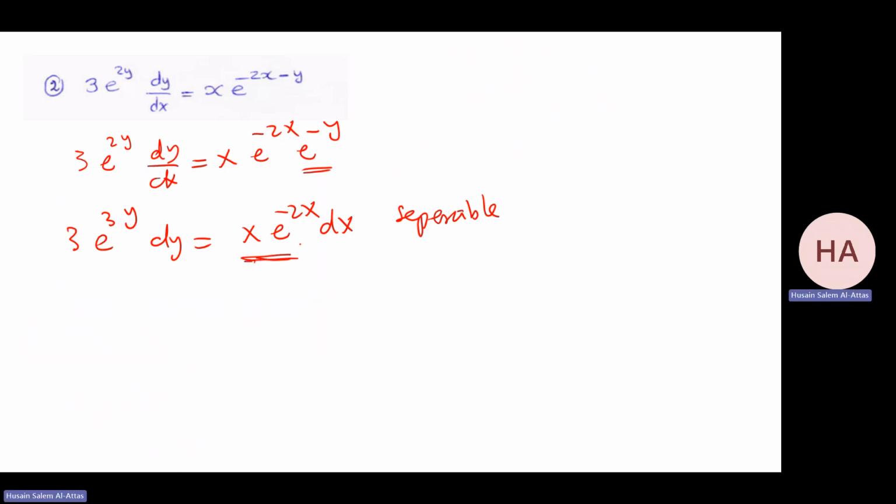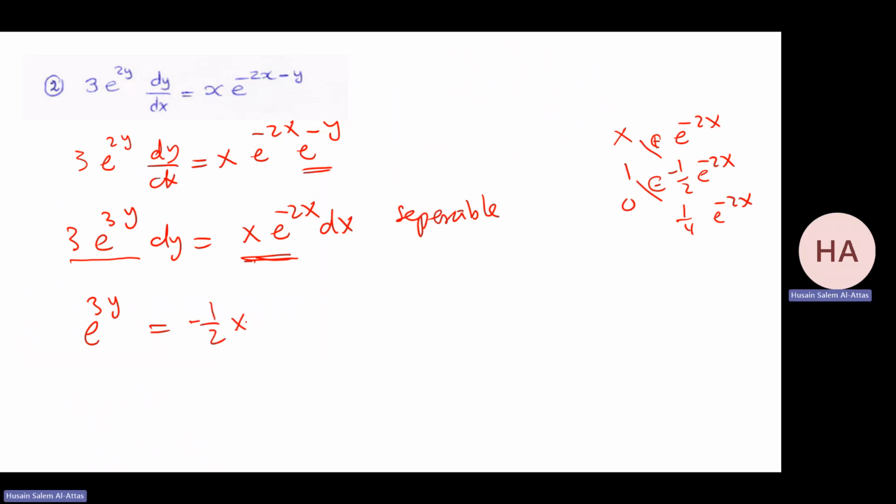Integrate. This one I need the tabular idea. So I have x minus 2x, 1, 0. So this is minus half e to the minus 2x. This is 1 over 4 e to the minus 2x. This is plus, this is minus. So this integral is very easy. It's e to the 3y. This integral will be minus half x e to the minus 2x plus, and minus 1 over 4 e to the minus 2x plus c.